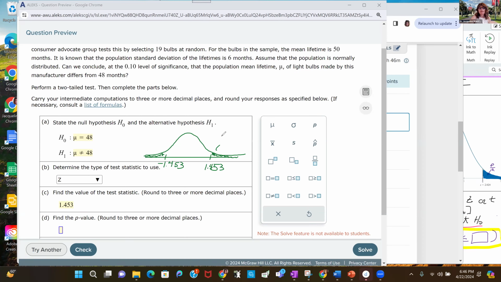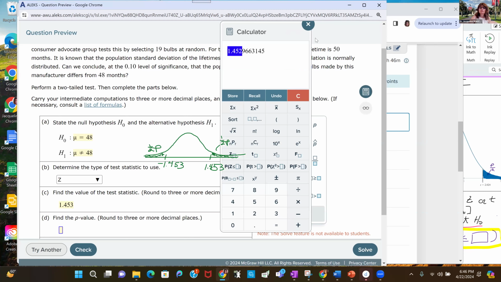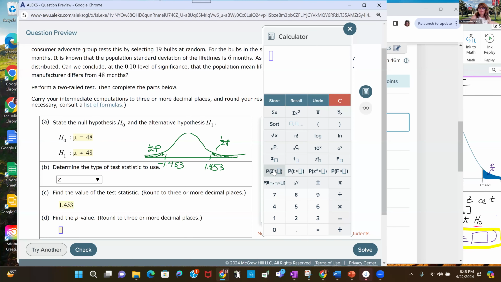And so you have half p here and half p here. This button gives us the area to the left of a z value.